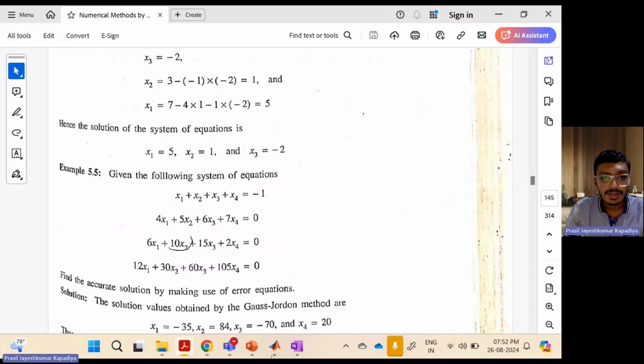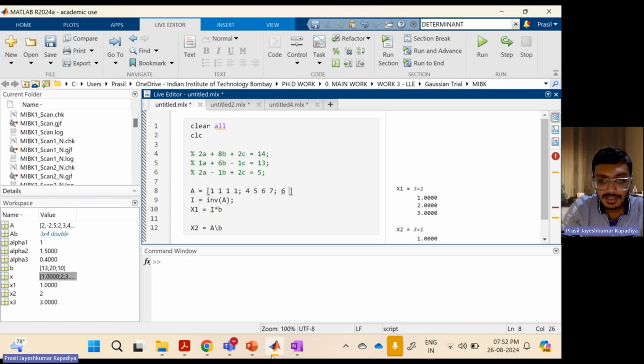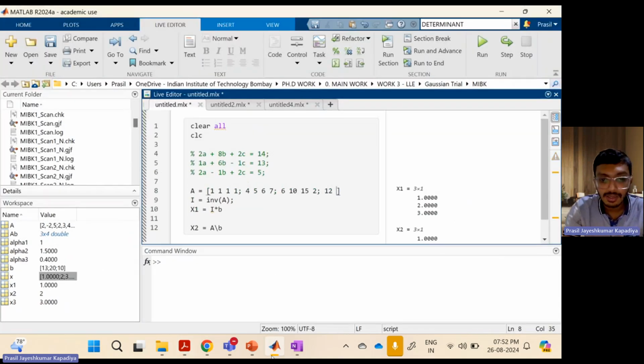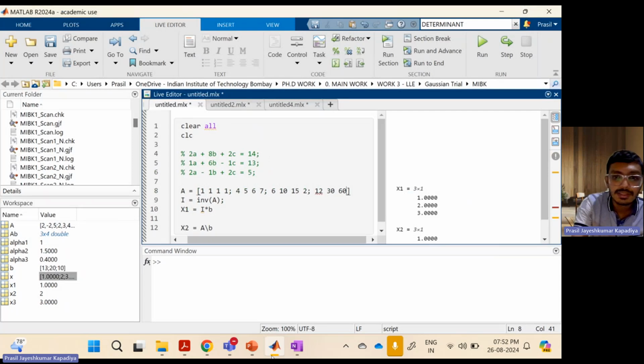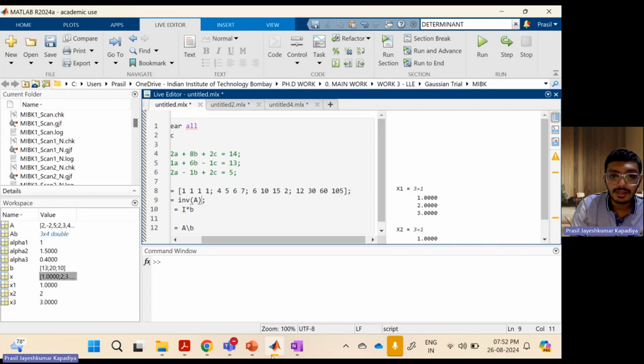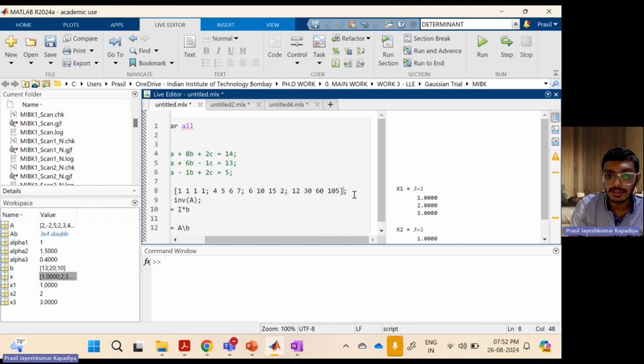C is equal to 6 10 15 2. And the last one is 12 30 60 105. This was my A matrix.